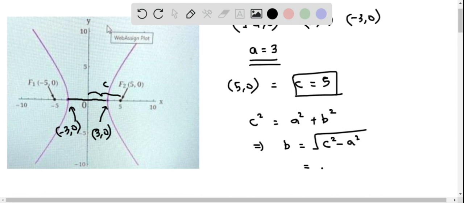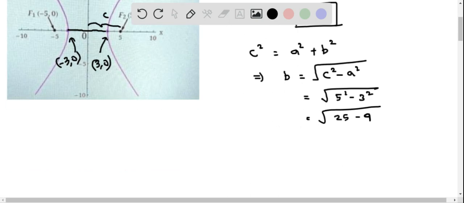C equals 5 and a equals 3, so if we plug it in we get the square root of 5 squared, which is 25, minus 3 squared, which is 9, and 25 minus 9 is root 16. So we take the square root of 16, which is plus or minus 4.